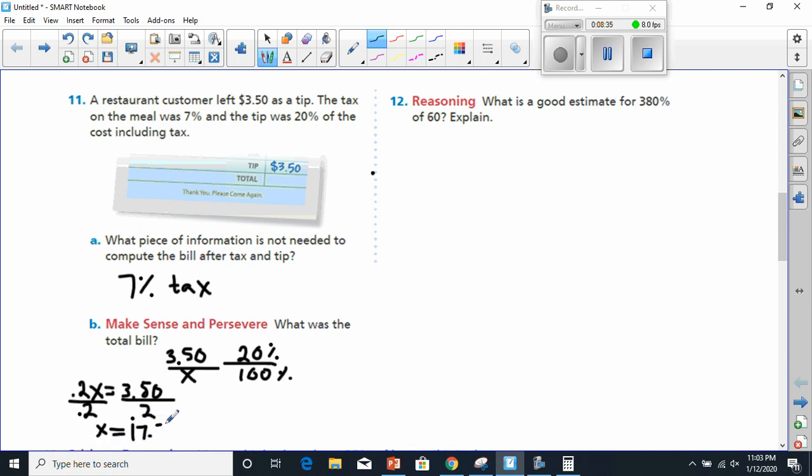But remember, they want to know what was the total bill, including what we left there, which was $3.50. So we're going to have to add $3.50 on here. And that's going to leave us about 21 bucks.